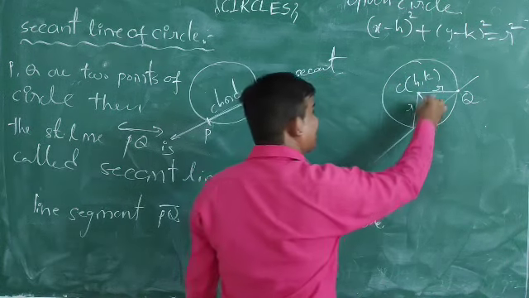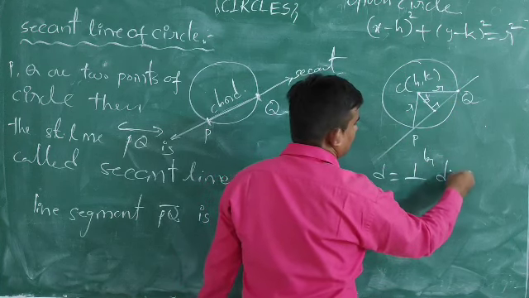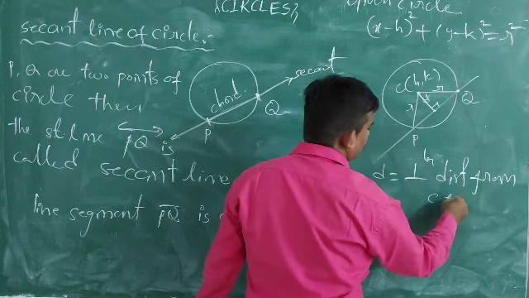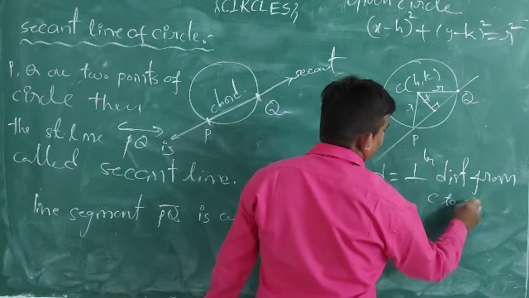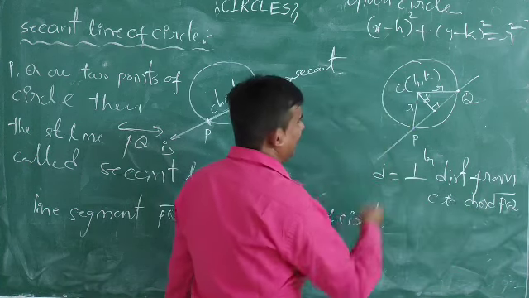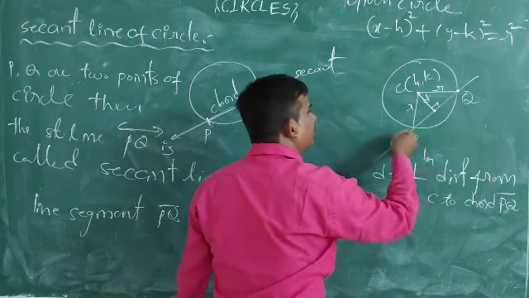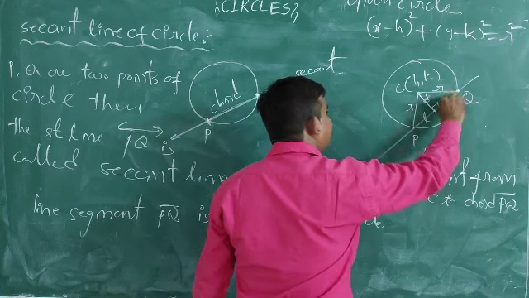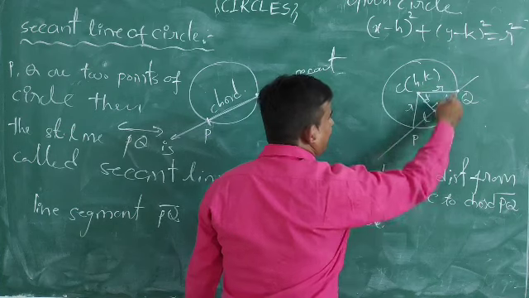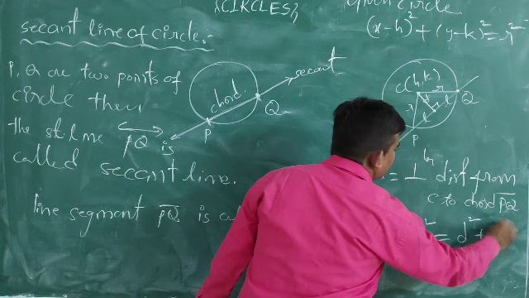Now this distance is the perpendicular distance from the center to the chord. The perpendicular distance d equals the perpendicular distance from center to chord, and R is the radius. Now we have to find the length of the chord PQ. It will be semi-chord L, together 2L. So first of all, from this triangle, very clear, R square equal to D square plus L square.